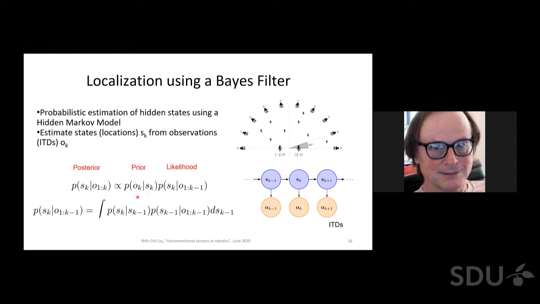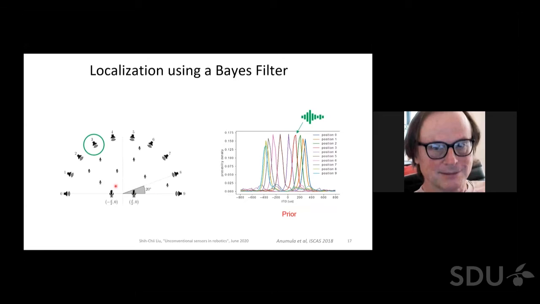So the probability that you see a particular ITD, given that the sound source is coming from a particular state or particular location. And so we can do this by playing the sound source from all of the 10 positions, and estimating the ITD using the events of the cochlea, and this is what we show here. So these are the 10 positions. Each color corresponds to a different position, and you can see that it pretty much looks a bit like a Gaussian.